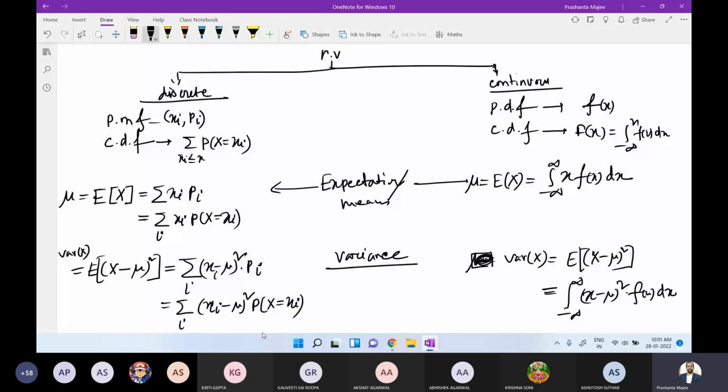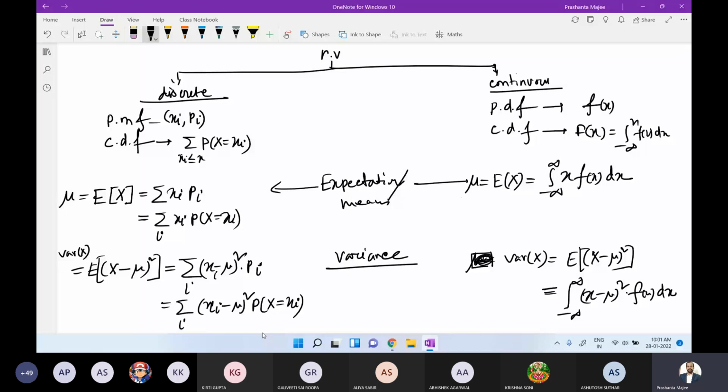And in case of continuous random variable, it tells you the moment of inertia of the function f of x perpendicular to the axis passing through the center of mass. So these are the notations and formulas which we are going to use.